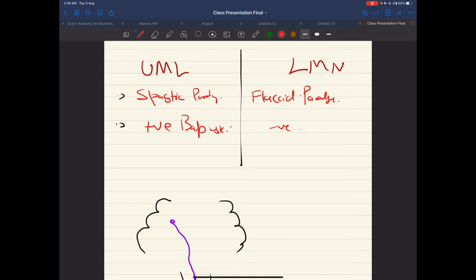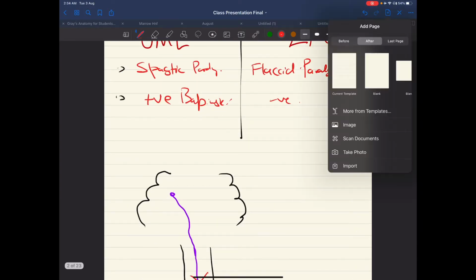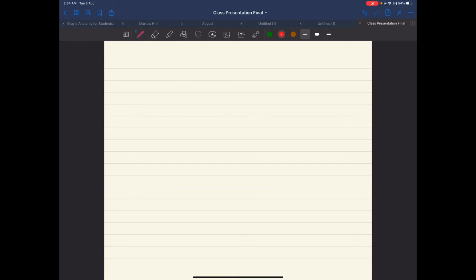Another very easy way to remember all this is that the lower motor neuron will keep on firing, and the upper motor neuron gives an inhibitory signal. This is a very easy way of remembering the differences between an upper motor neuron palsy and a lower motor neuron palsy, and it is also important, as you'll see in the upcoming cases.